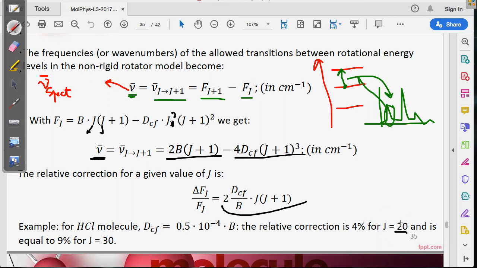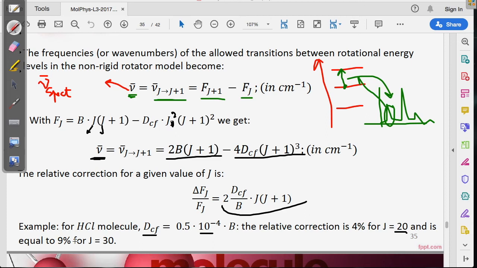Even at this high energy of rotation, even at this high speed of rotation, the correction DCF is of the order 10 to the power minus 4 of B. So it's really, really small. It gets to 9% when j equals 30. So when we are dealing with j equal 1, 2, 3, 4, 10, we are below 4%, so it's really unnoticeable.